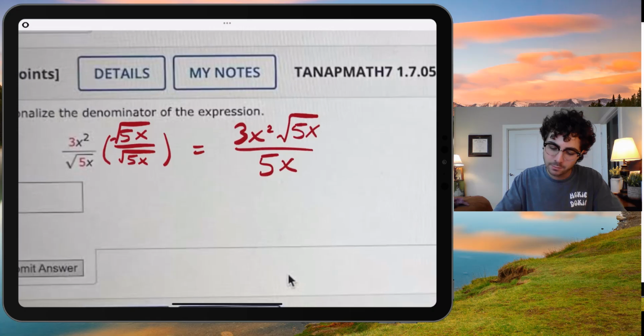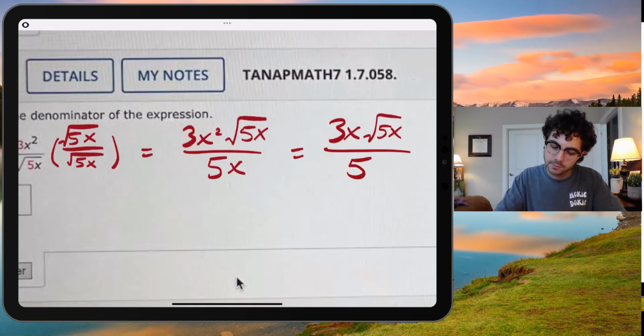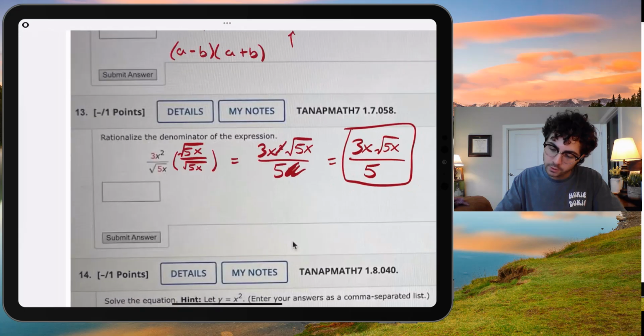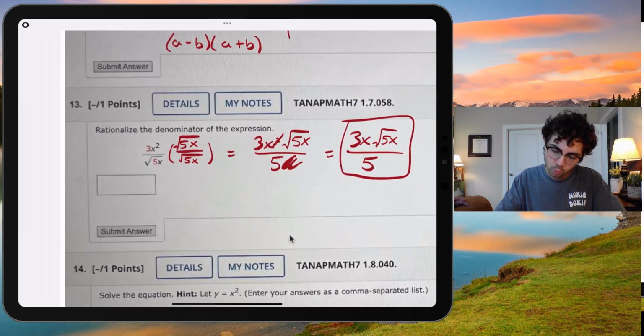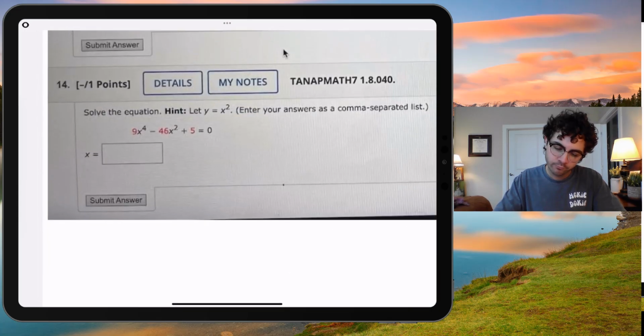And we can simplify the x's. x squared over x is just x. And that just leaves us with the 5 on the bottom. I think that's it. I don't think we can do anything with that, so I will leave it like that. That should do it. That was a quick one. Hope that made sense. Let's keep it going.